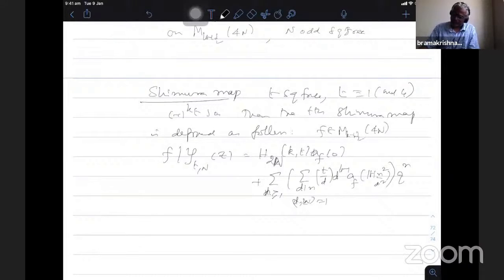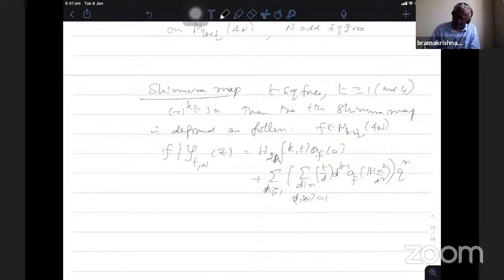So you have a_f(0), the constant term of the Fourier expansion. Therefore, this is the constant term for the image of the Shimura map, where H_{m}(k,t) is, so for square free m.